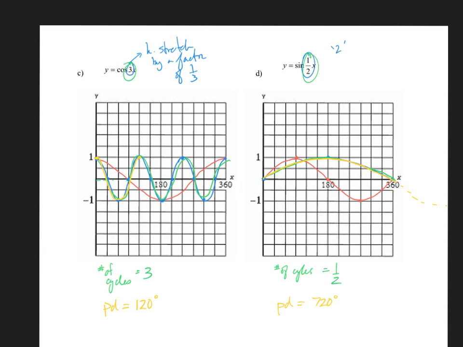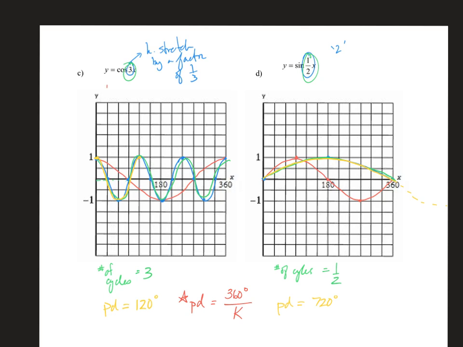It's hard to see it in the equation, but it's a key feature that you want to have in your back pocket. As I said, I'm going to refer to it as your best friend: your period is always 360 degrees, your usual period on your curve, divided by your k value.